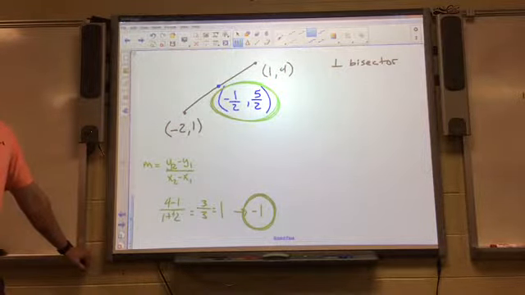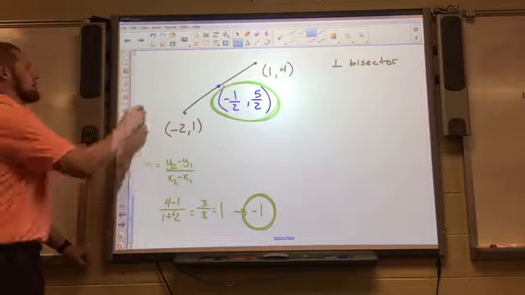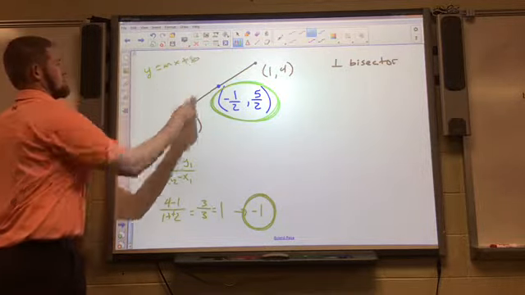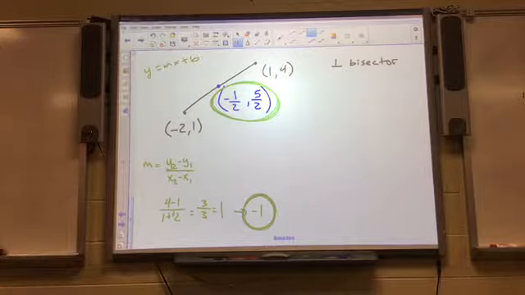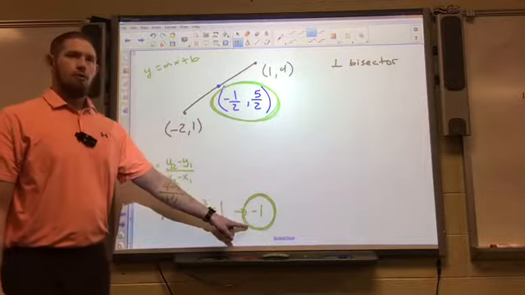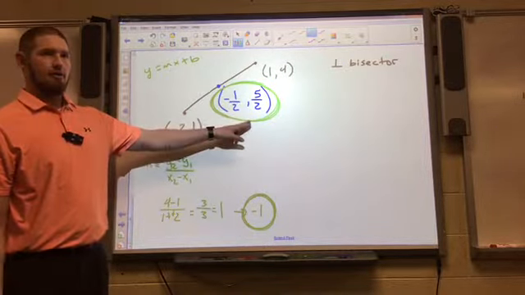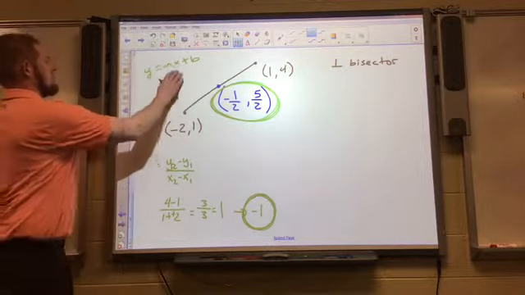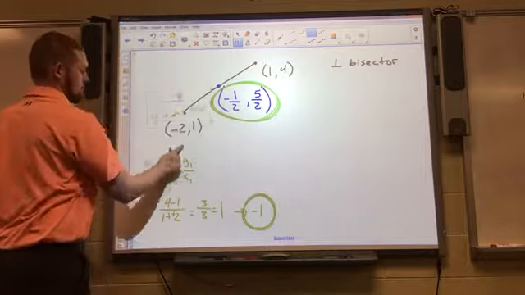Now we got to figure out what's the equation of a line look like. Another thing that they expect you to know at this point. Okay, y equals mx plus b. Okay, I know there's a lot of stuff going on here on the board. I have my slope, I have my point, and I want to put it into this, right? Okay, so I'm going to take those three things.